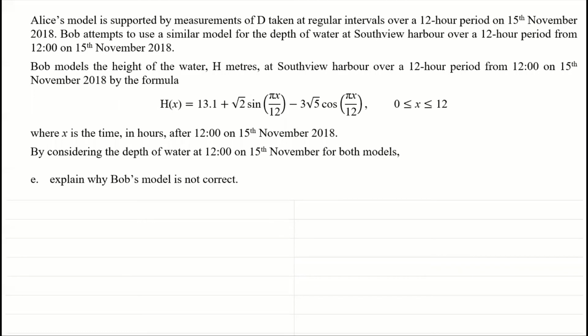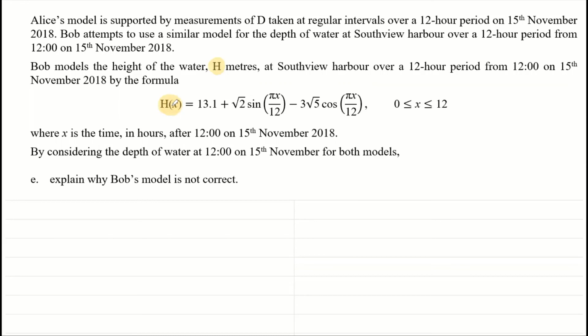All right, so for the final part of this question, we're going to take a look at Bob's model. Now, on face value, it looks almost the same, doesn't it? He's calling the height of the water H. Okay, so it's just another way of saying the depth of the water, how deep the water is. It's the height from the bottom. So he's calling it H meters. Okay, and H is a function of X. So what is X?